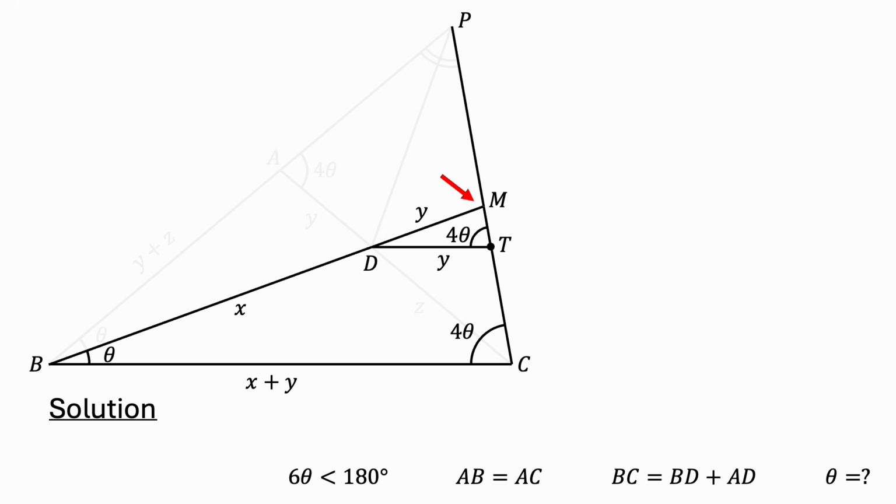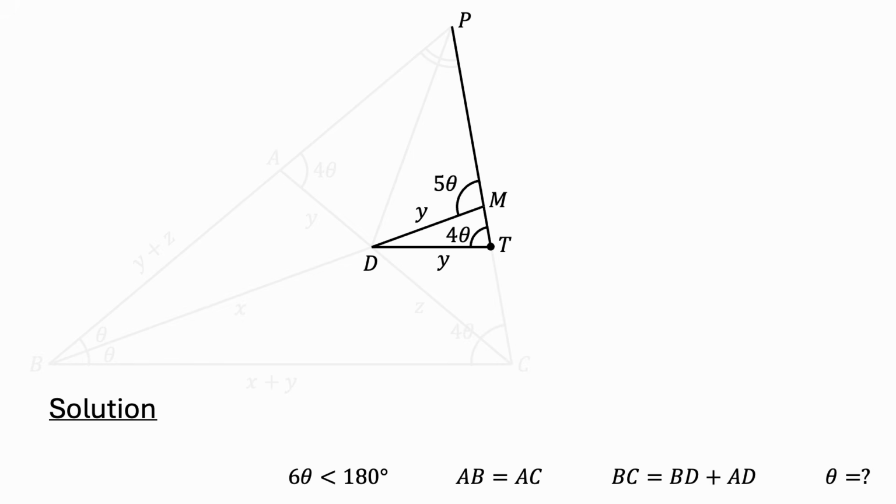Since angle BMP is an exterior angle of triangle MBC, angle BMP equals theta plus 4 theta, which equals 5 theta. Finally, consider triangle MDT and segment MP. Since DM equals DT equals Y, triangle MDT is isosceles.